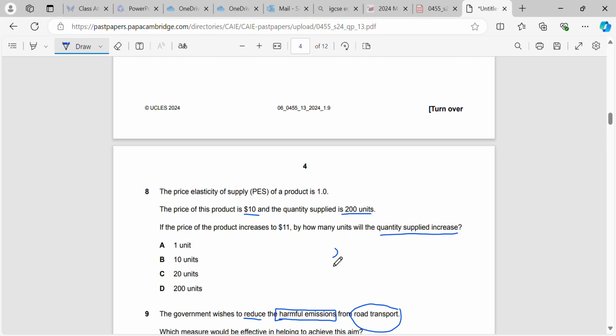We have X, which is our quantity supplied that we don't know, over 10%, because 10% is the increase in price, equals 1.0. So once we do this, again, we bring across the 10, we multiply it, and what are we going to get? We're going to get a 10% increase in quantity supplied. And a 10% increase on 200 units is going to be 20 units.